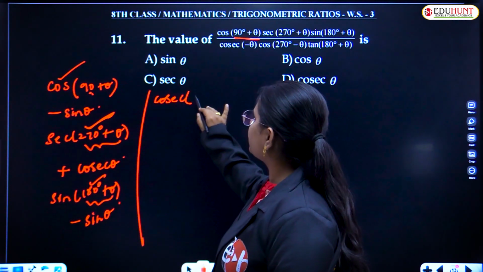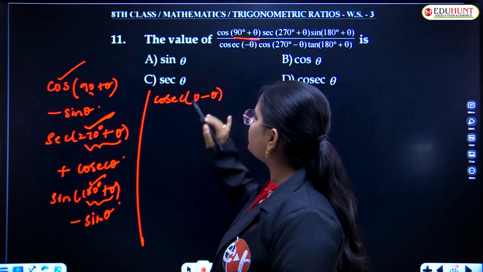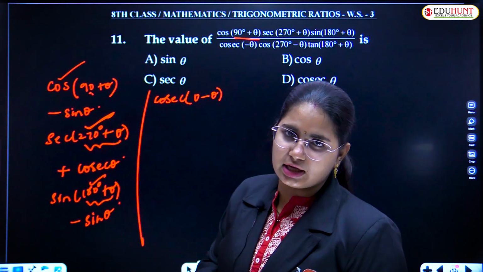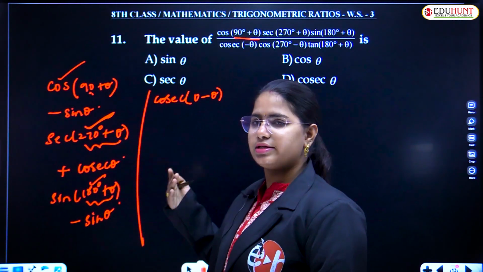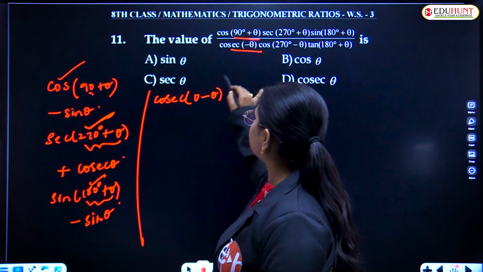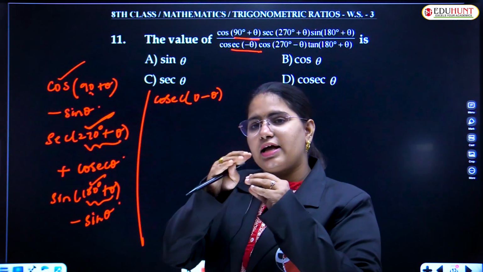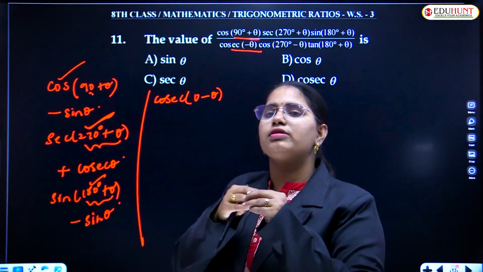Cosecant minus theta, can I write it like 0 minus theta? Of course. What does 0 minus theta actually mean? The angles which are smaller than 0 degree.